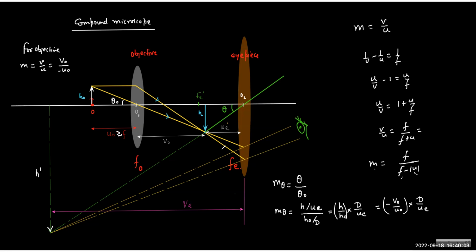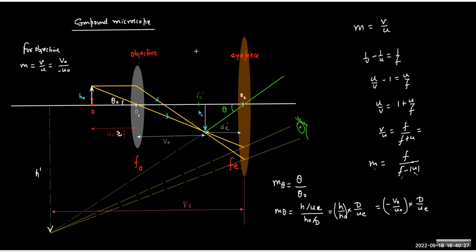That is the whole idea. So the objective is a moving part. You can move it on a thread actually. The eyepiece is a fixed part. You don't move it at all. It's a fixed point from where you see. And by changing the position of the objective, you achieve the maximum possible magnification. So we have something called the length of the tube. That is a very famous concept.